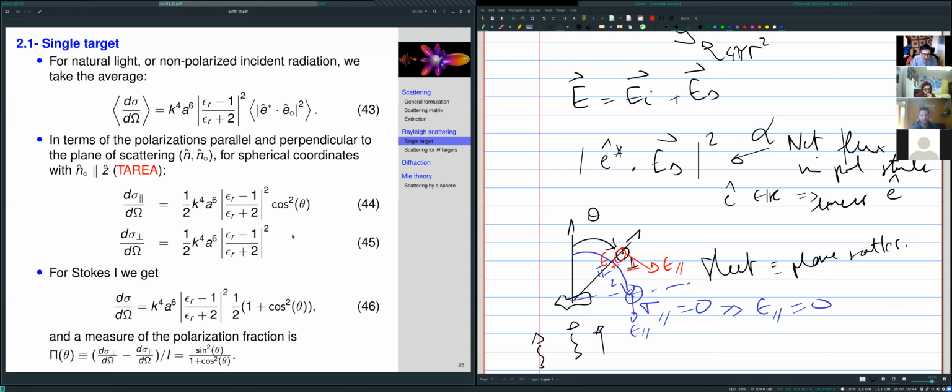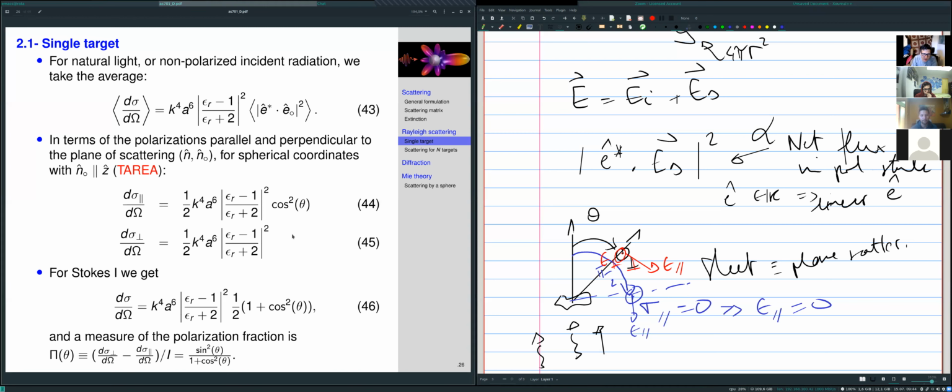So for the special case when theta, the scattering angle, is 90 degrees, we see that the parallel component is 0. All of the flux that's scattered away at right angles is necessarily fully polarized.